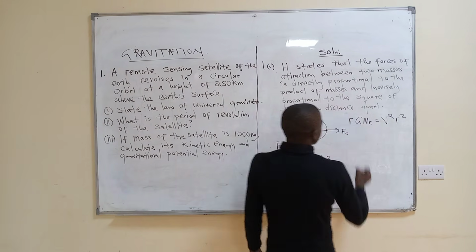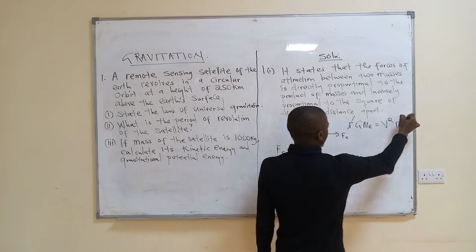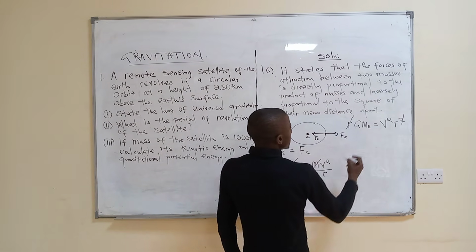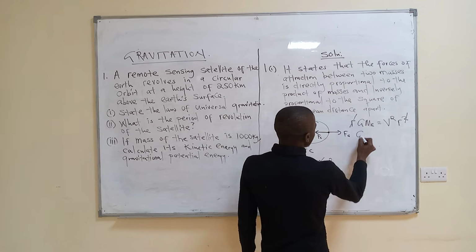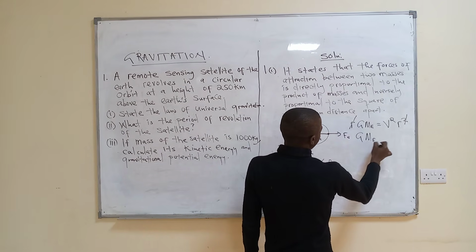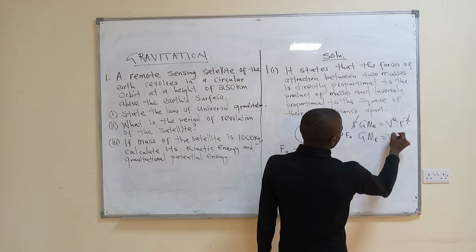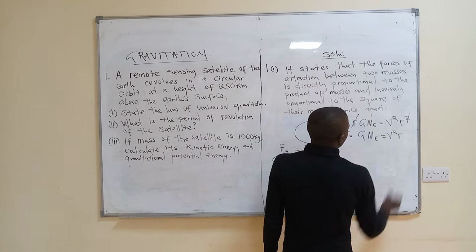That r cancels that r, so I remain with G Me equals v squared times r.